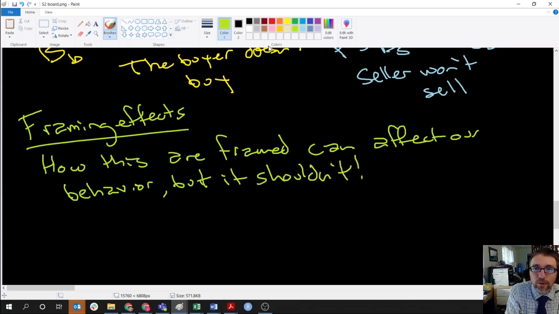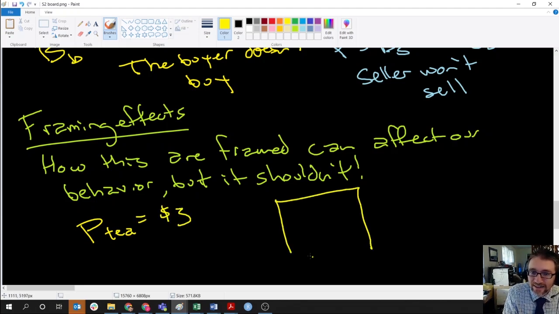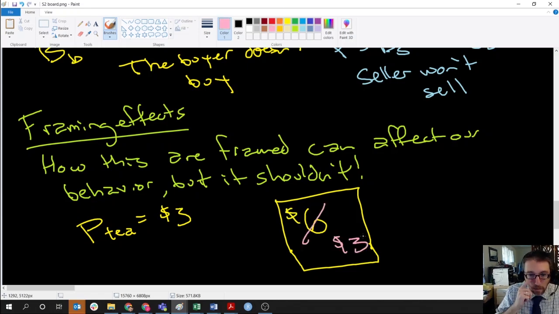So for example, not the iced tea example, let's say the price of the tea was $3, but on the ad it said something like this: $6, $3. Okay, so it's saying it's half off or something like that. On sale.